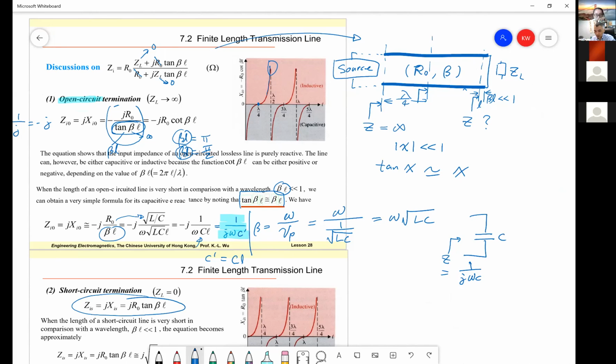You can say the property is almost reverse of open circuit. Everything is reversed, okay? But everything reverses except this, because characteristic impedance is always our reference, okay?